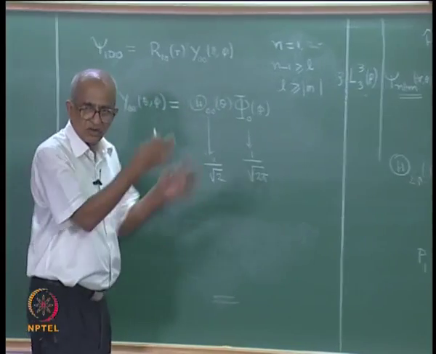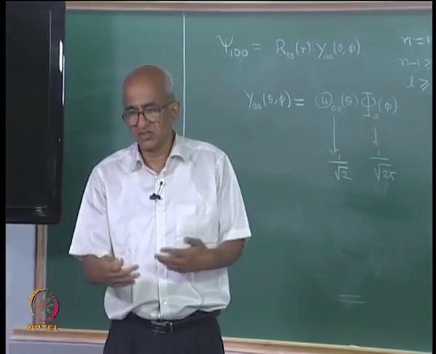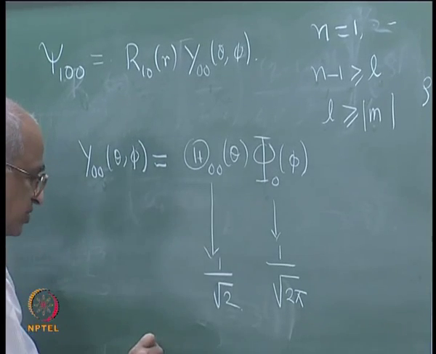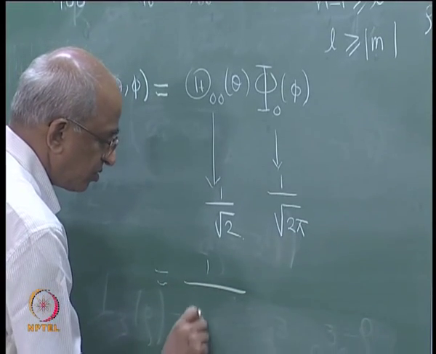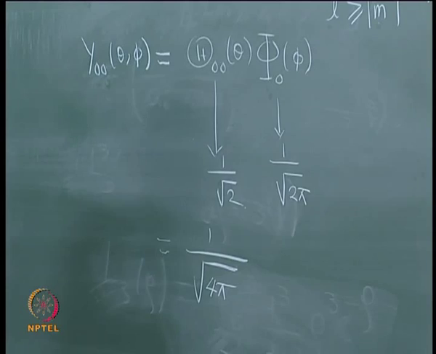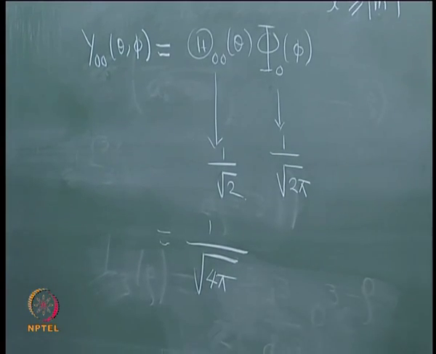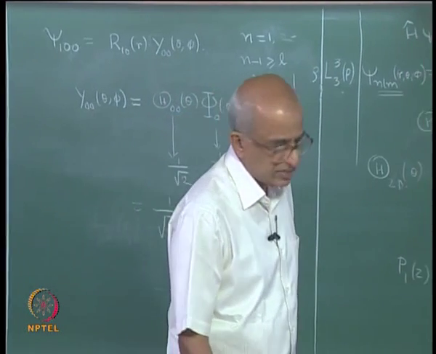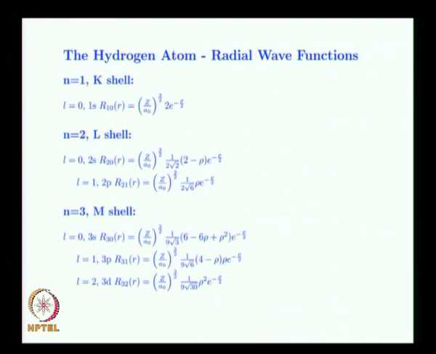It is not in my tables, but if you calculated it, you will find that it is 1 by root 2, and therefore, Y 00 actually happens to be 1 by square root of 4 pi. And R10 itself is written here. Right, I told you how to evaluate this, so I will not go into its evaluation.